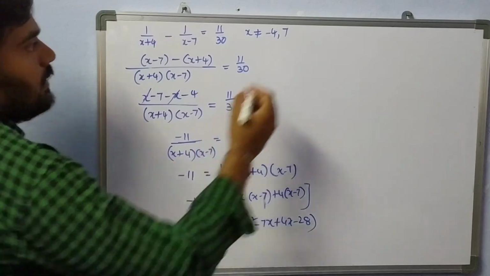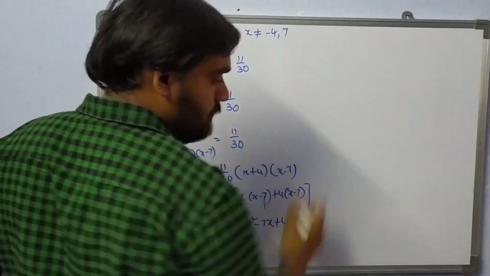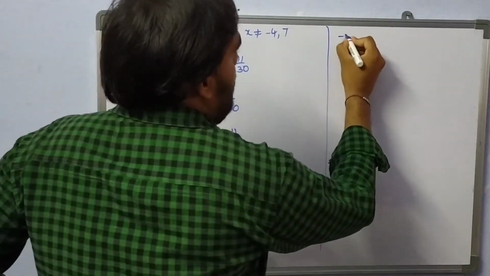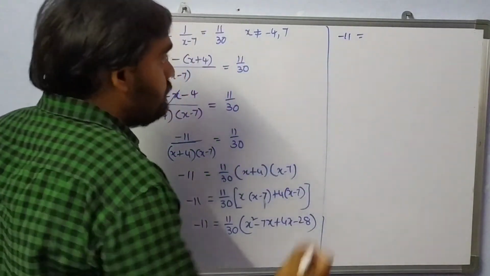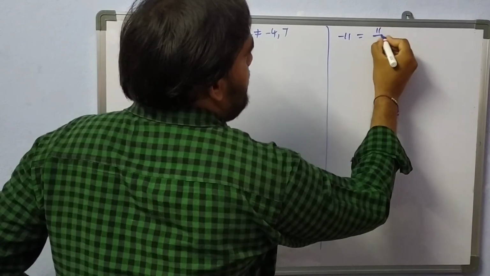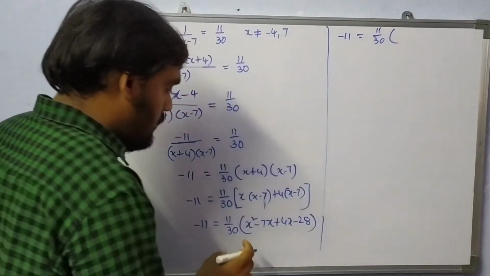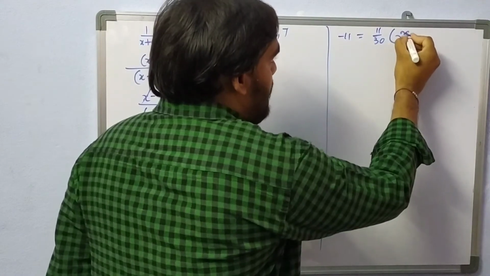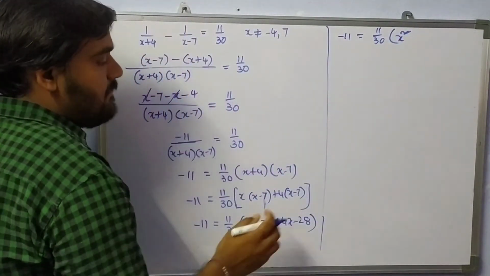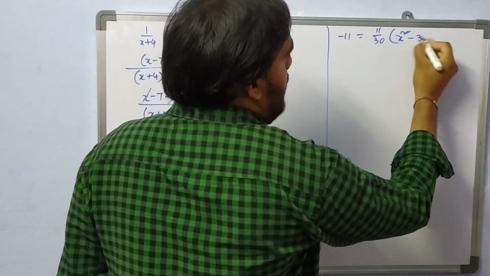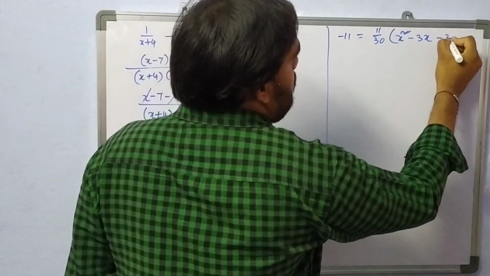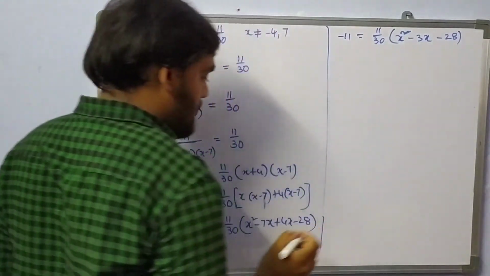So here we'll get now minus 11 is equal to 11 by 30 into x square minus 7x plus 4x. Here we will get minus 3x minus 28 is the value.